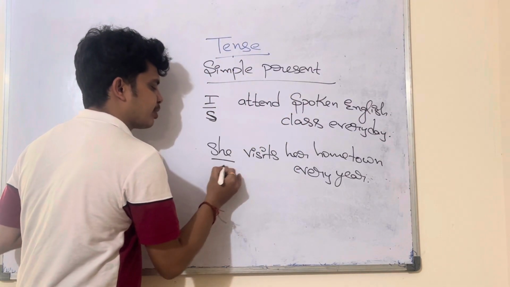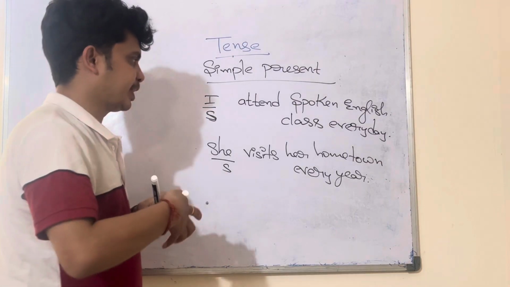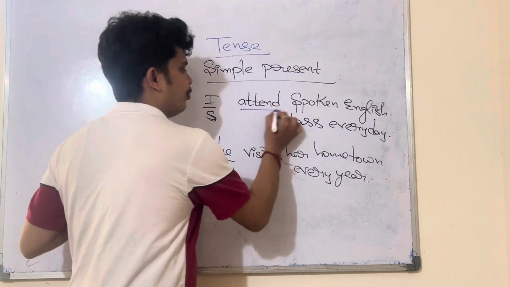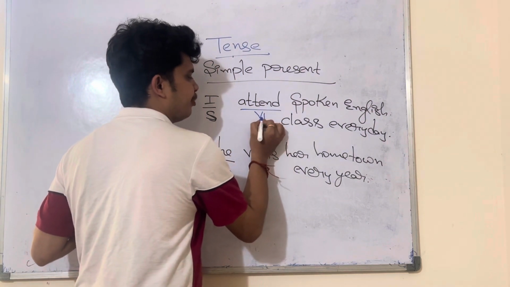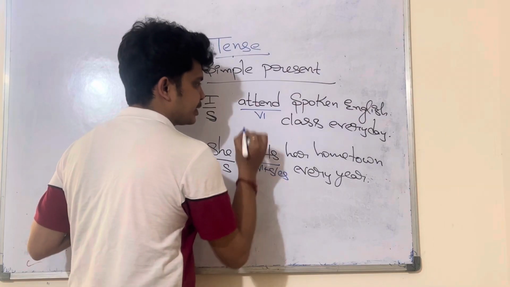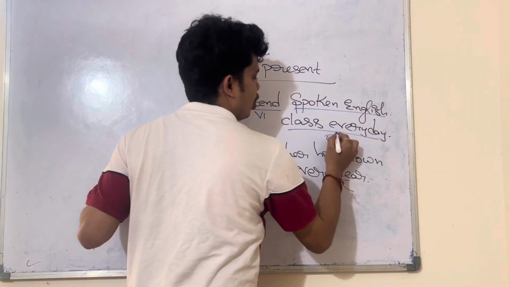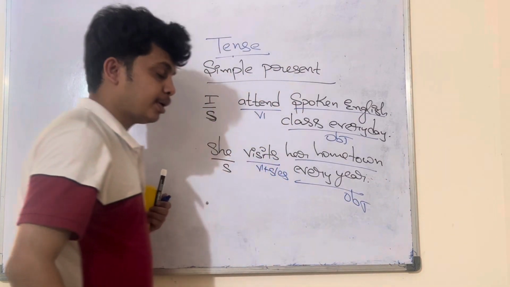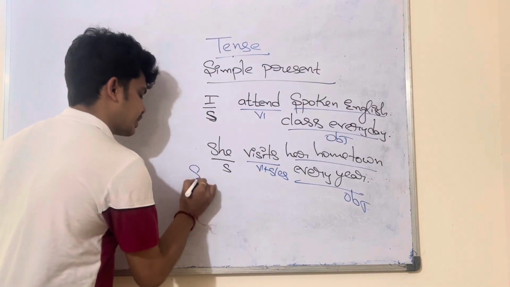Subject. First thing is always the subject, and after that comes the verb, and here instead of verb we are having v1 or v1 plus s or es, and rest everything is my object. Okay everyone, so what could be my syntax here?